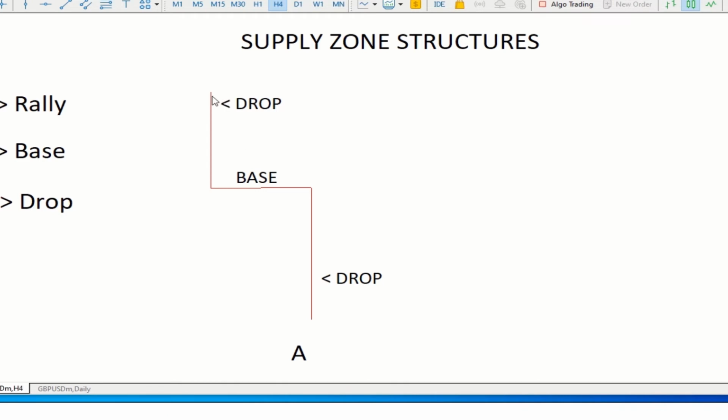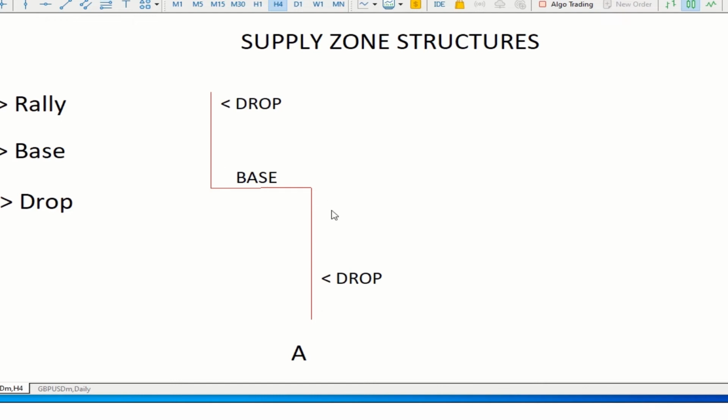The starting point is our drop, which means swing low or sell pressure. As we come to this level, we have our base, which means supply or consolidation, range, equilibrium level. After that, we have another drop to the downside. So technically, we describe this structure as drop, base, drop. Don't forget, drop means down move, base means supply, then drop means down move.